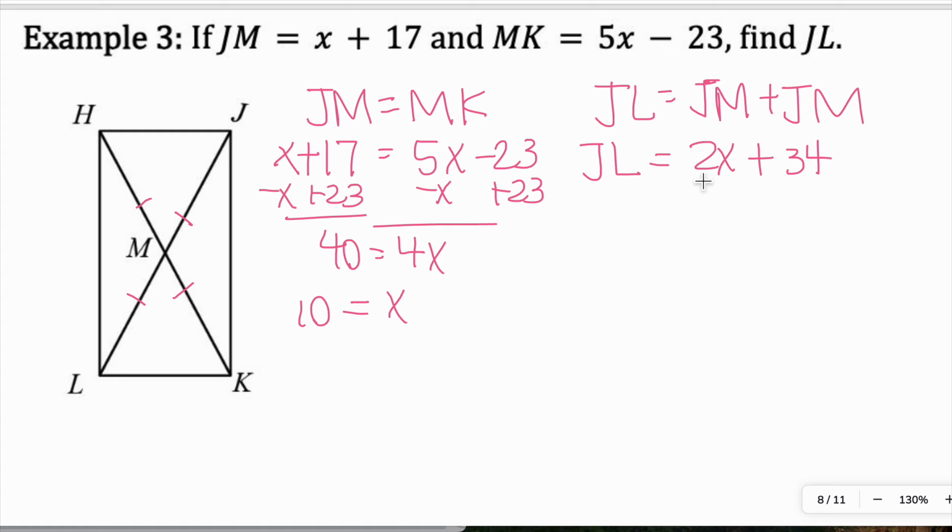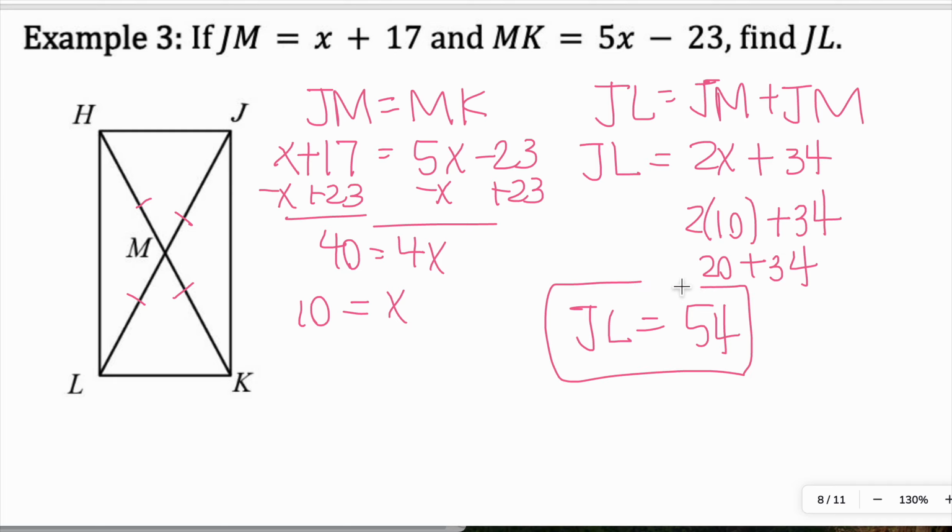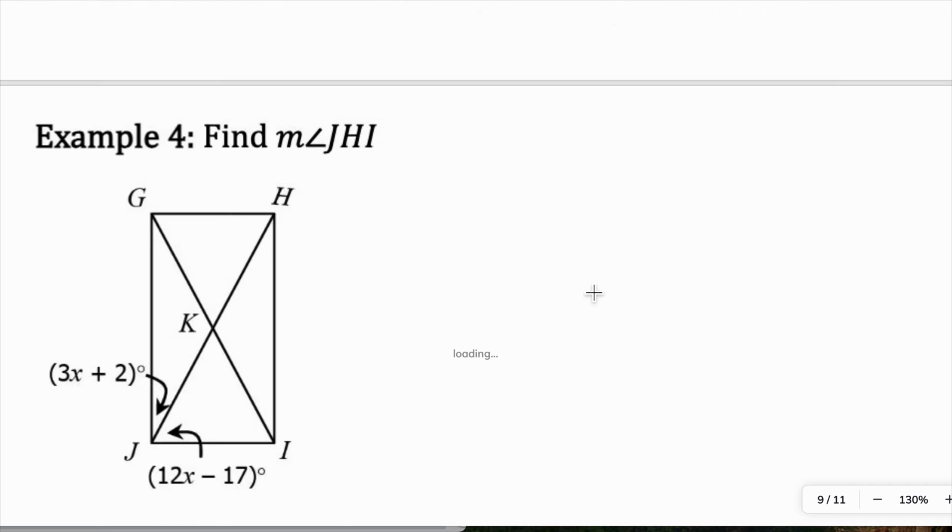So that would be x plus x is 2x, and 17 plus 17 is 34. I'm going to plug in this 10 for my x, and I'm going to get 20 plus 34, which is equal to 54 for JL. Lots of different ways you could solve for JL. That's just one way my brain thought about it.